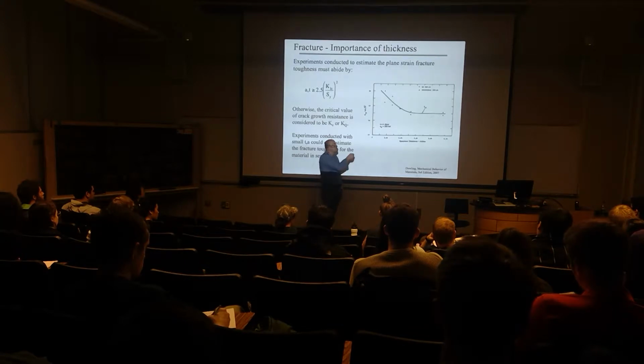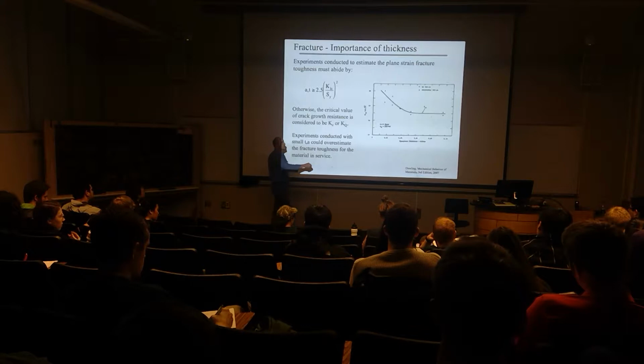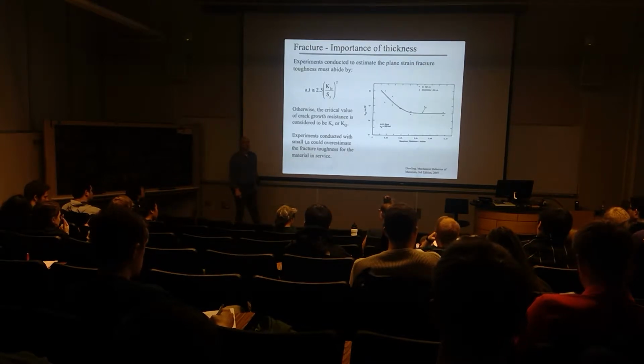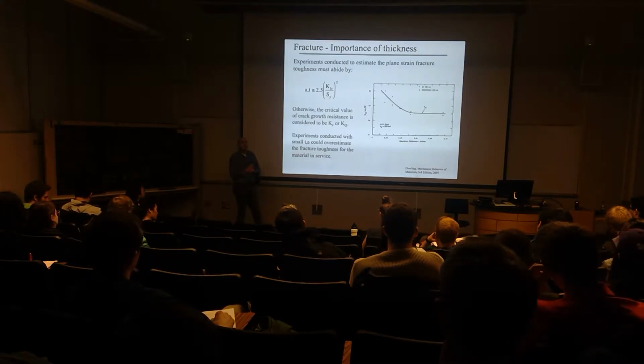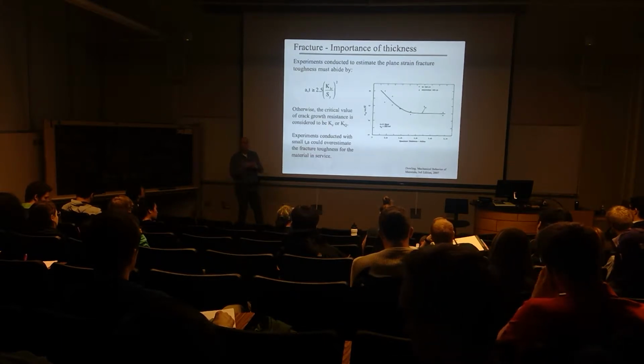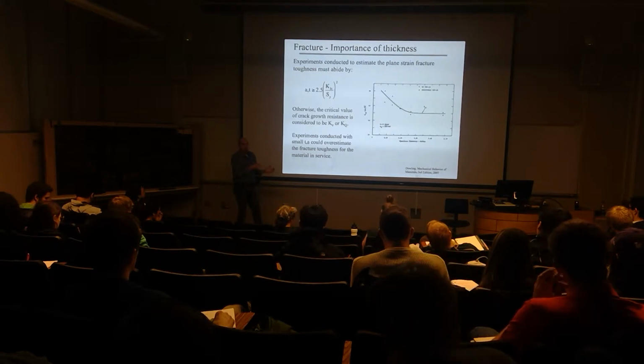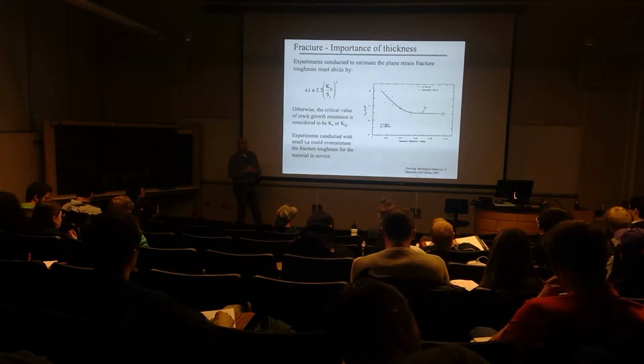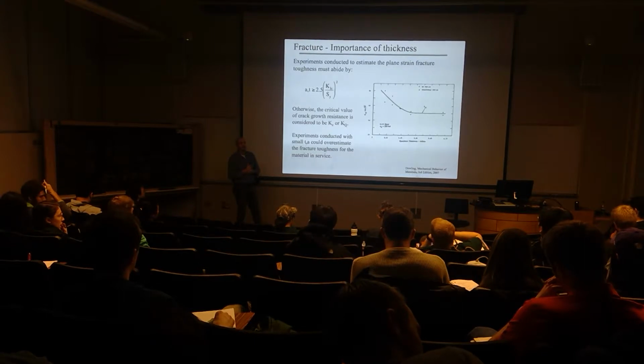This material becomes decreasingly resistant to cracks as the thickness of the body increases. And then we define the fracture toughness as the floor of that, the plateau. So the point is here that you need to think about the thickness of the bodies when you're looking at them from a forensic perspective, because that could be simply the transition from a plane stress to an intermediate to a plane strain condition.